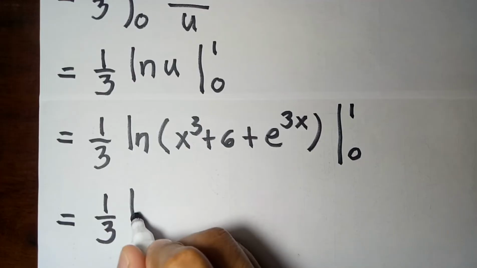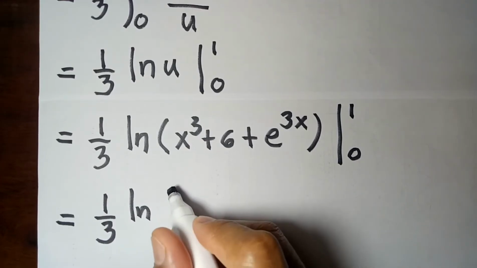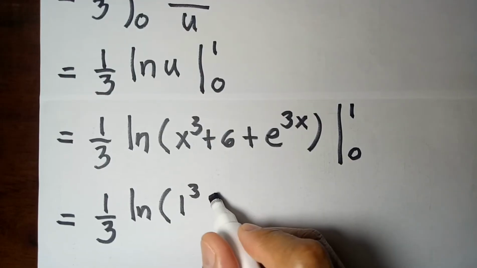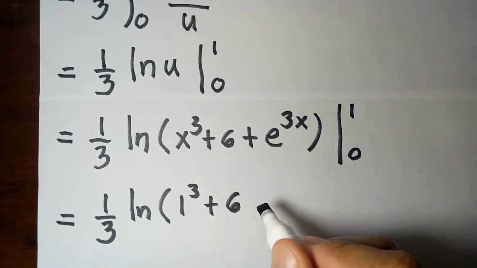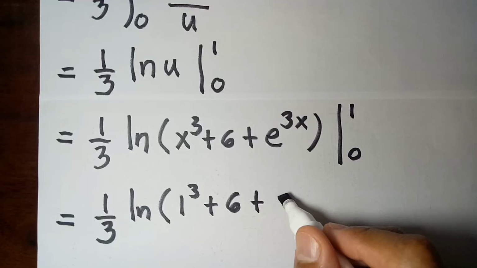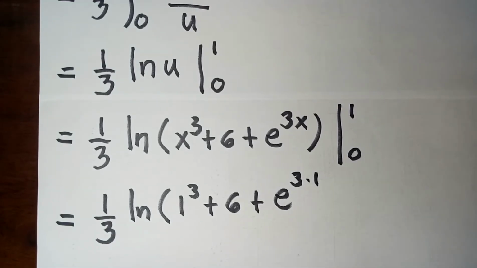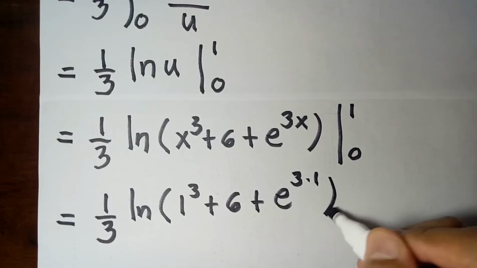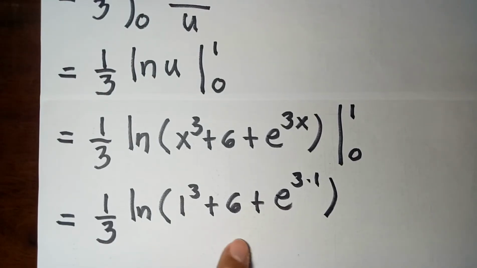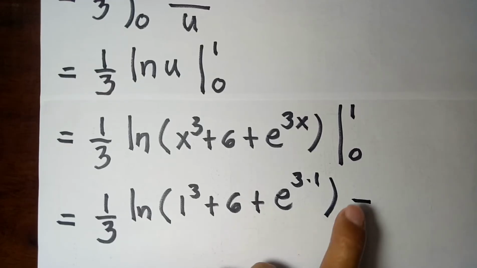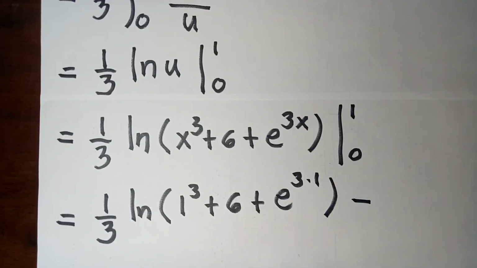So I will have ln of 1 cubed, and then plus 6, and then plus e raised to 3 times 1. So this is our f of b minus f of a, that is when x is 0.